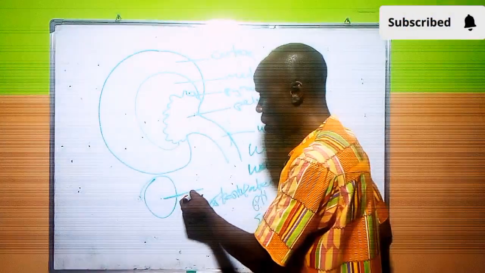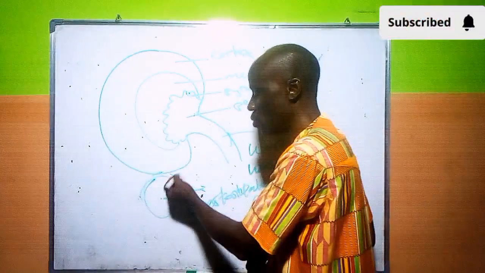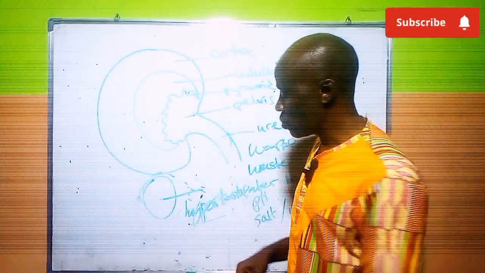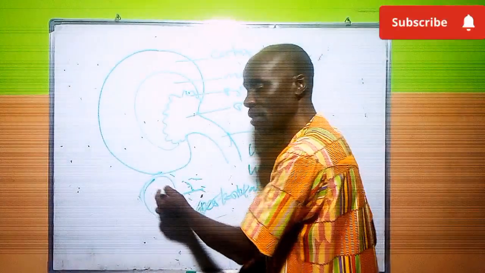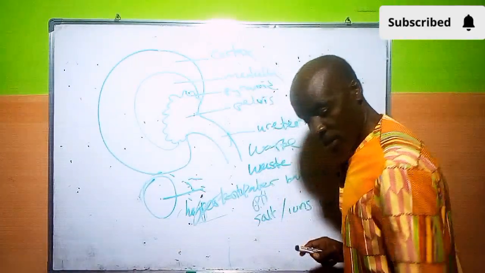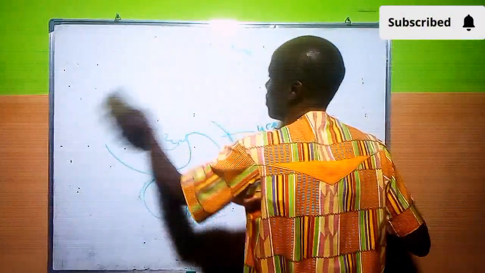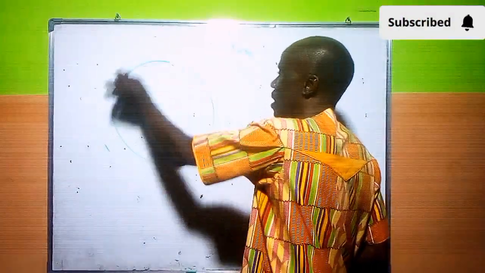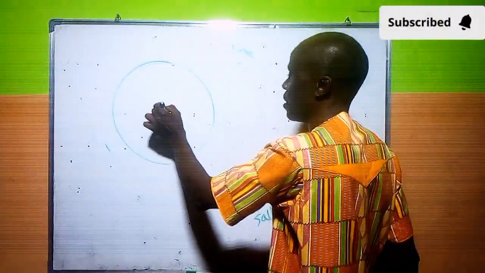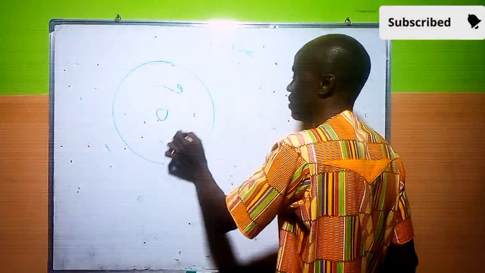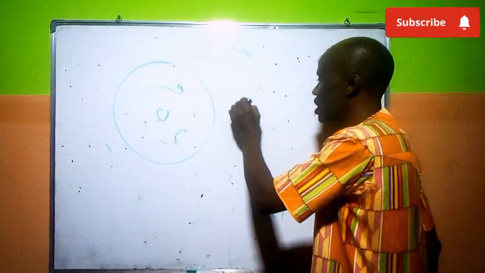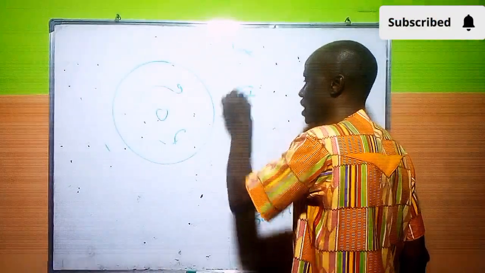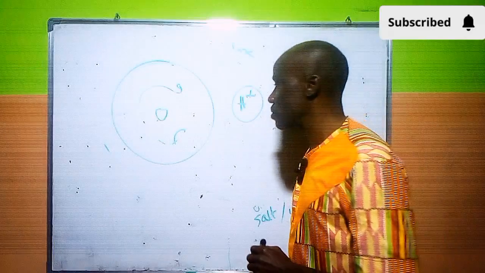Rather, more ions in the surroundings will be excreted from the system to reduce the concentration outside, making the cell balance. Now, when the pH is high, let's say the hydrogen ion concentration in the surrounding of the cell in the body is very high, what will happen?